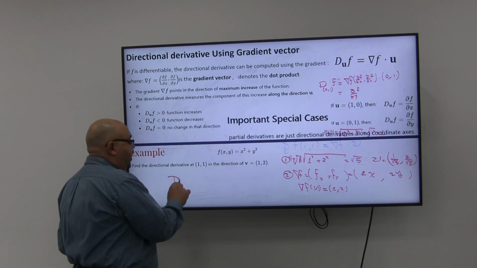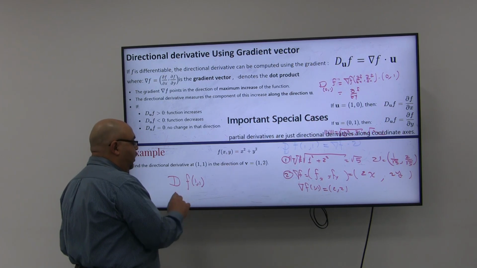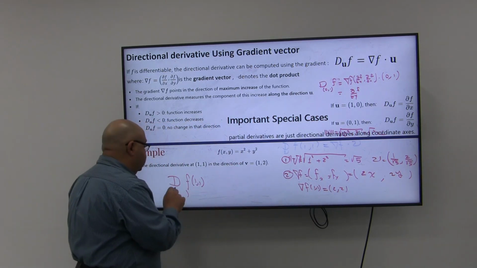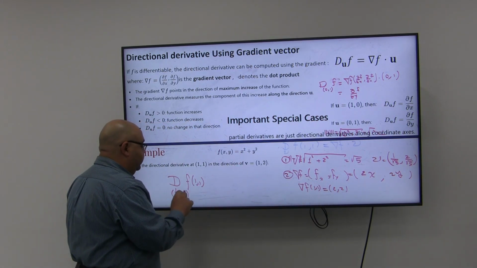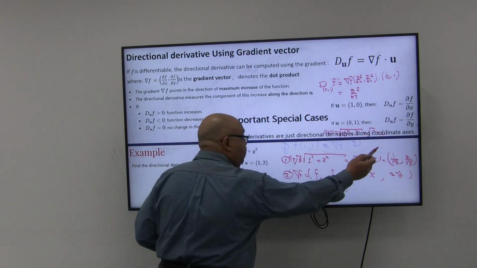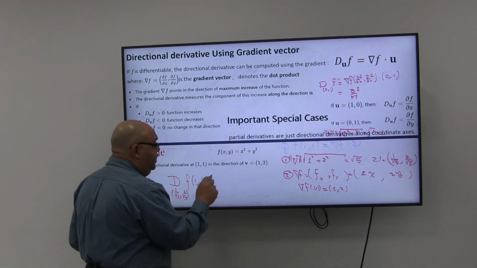The final step, I will substitute in my equation. The directional derivative of this function at the point (1, 1) in the direction of the vector (1 over root 5, 2 over root 5) equals the vector times the gradient vector.